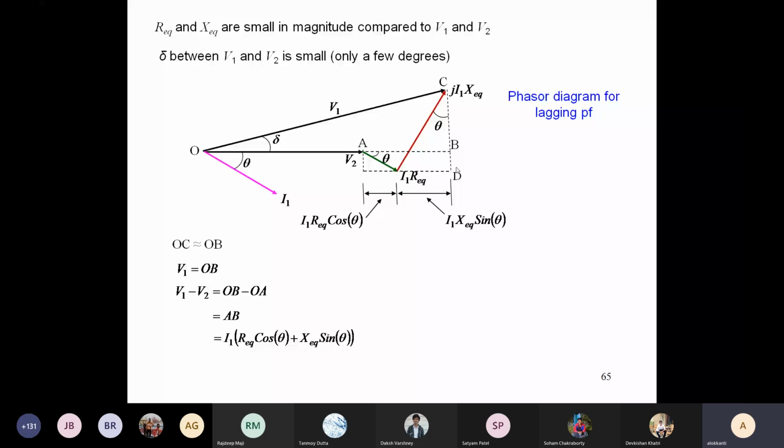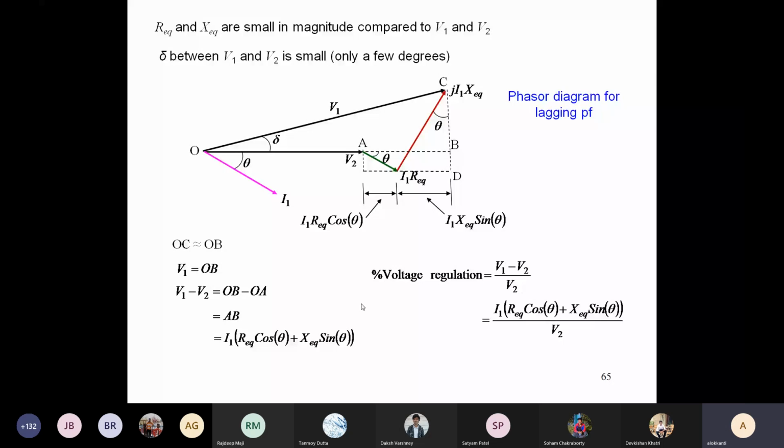So the expression for the voltage regulation, V1 minus V2 by V2, comes down to, replacing this expression in the numerator, I1 Req cos theta plus Xeq sin theta by V2. This is a very important formula which you will be required even to solve problems in transformers.